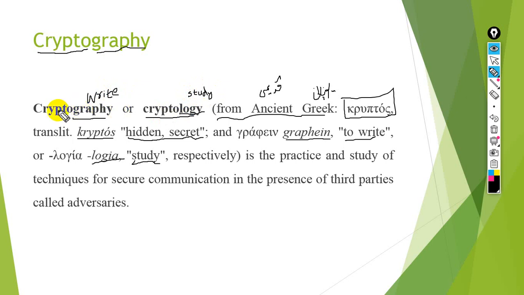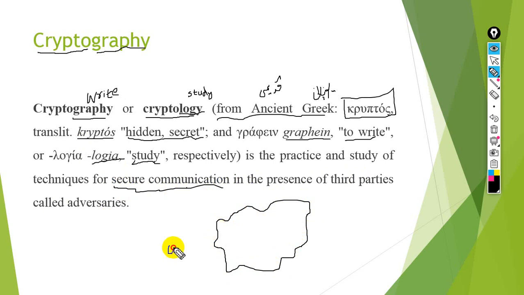So in cryptology or cryptography, we are studying the techniques by which we secure our communication in the presence of third parties called adversaries. For example, if we have the internet, and in this internet we have a person who wants to send a message to another person.